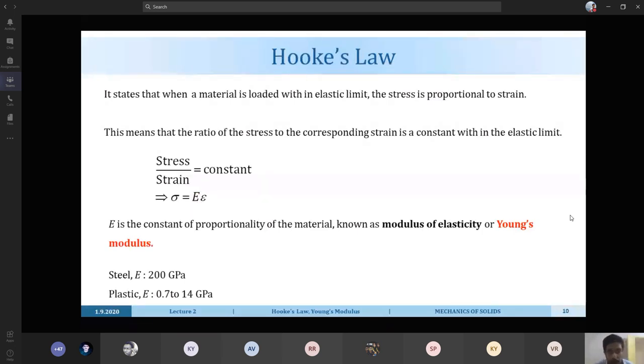For stiff materials like steel, the approximate value is 200 gigapascal, like 200 into 10 raised to 9 pascal. It ranges from 200 to 250 depending on mild steel, high strength steel or high carbon steel. For plastics, the elastic modulus is around 0.7 to 14 gigapascal.